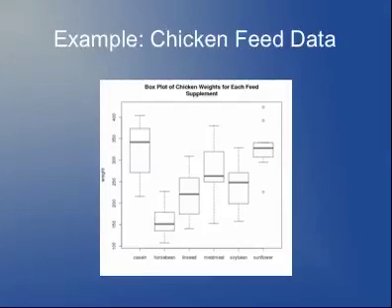Those who got horsebean were significantly lower than the others. Those who got linseed didn't seem to do so hot either. Looks like casein and sunflower the best. Then later on you can go back and do formal statistical tests to see if this group is equal to this group or whatever the case may be.